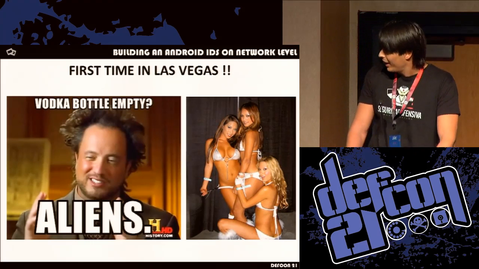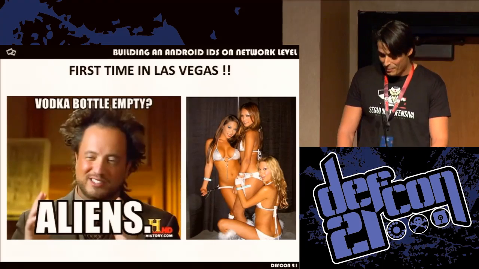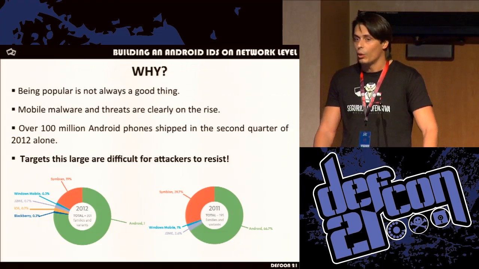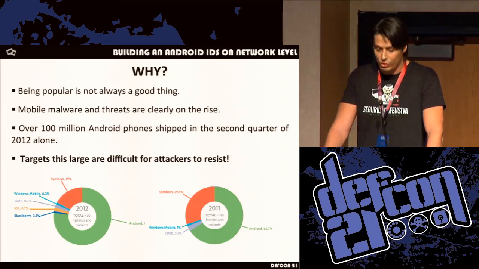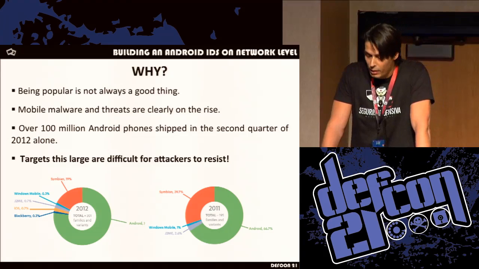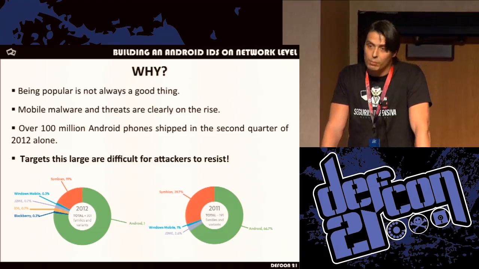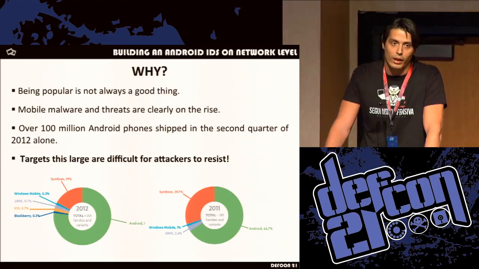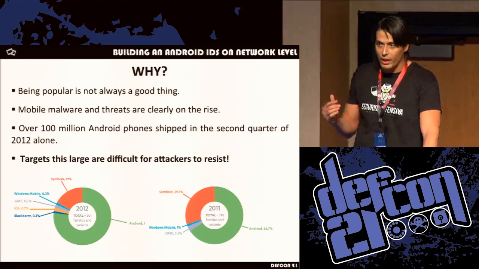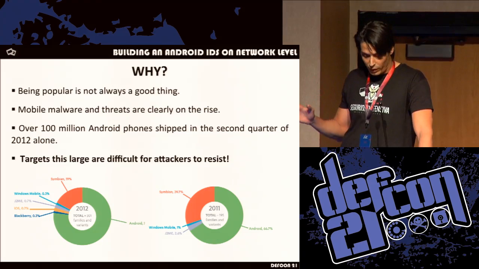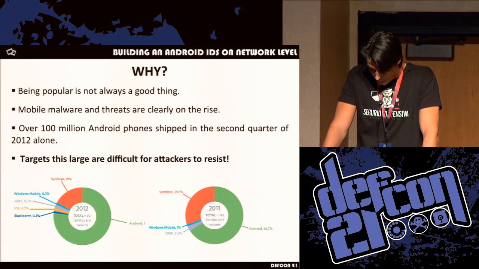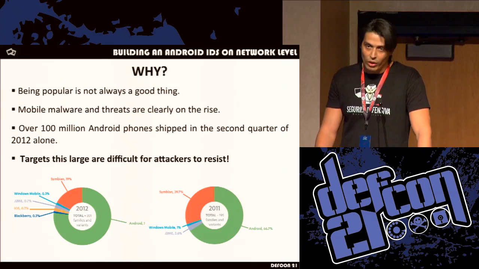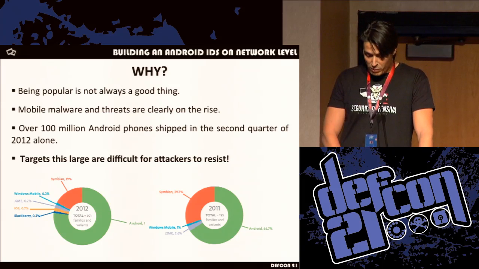So let's get down to business. The reason for this talk is that Android has a great market share. Being popular is not always a good thing, because as the mobile device market grows, so does the incentive for attackers who are looking for a new business model. There were over 100 million Android devices just last year, with a market share of nearly 50%.